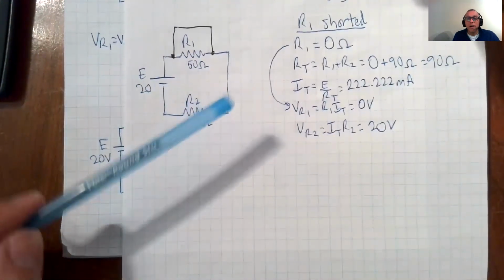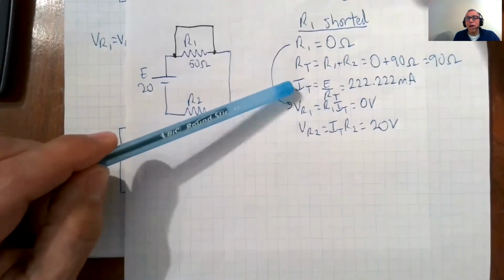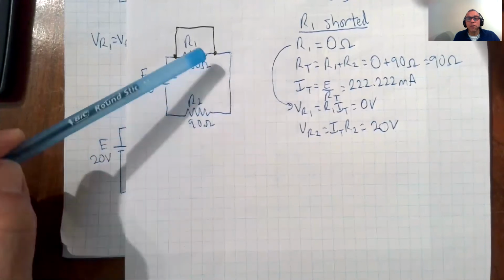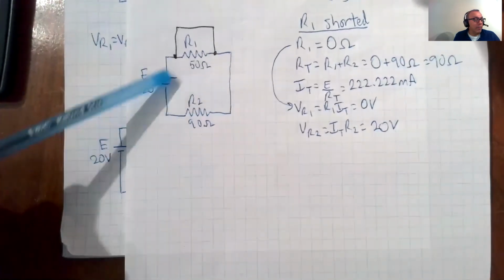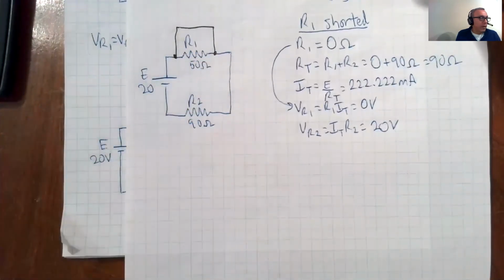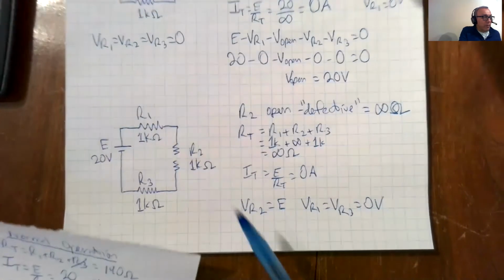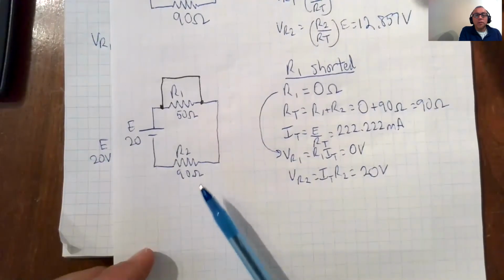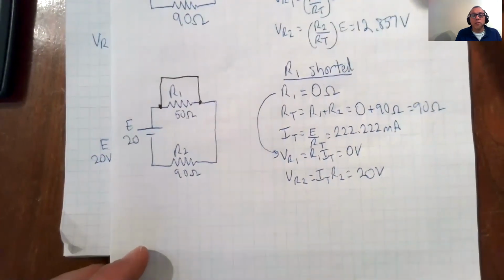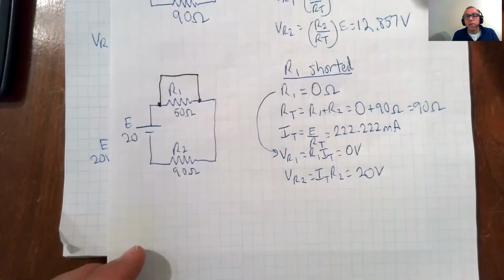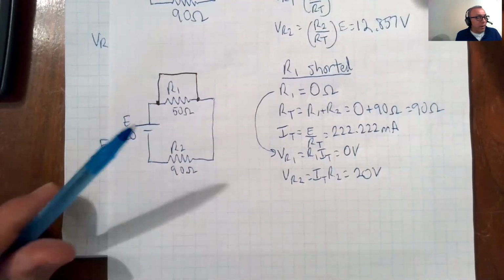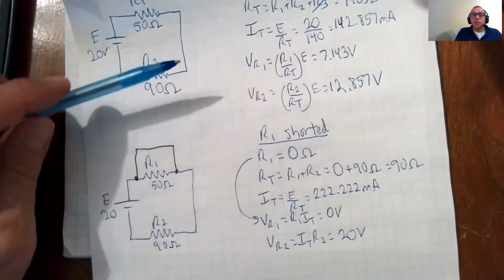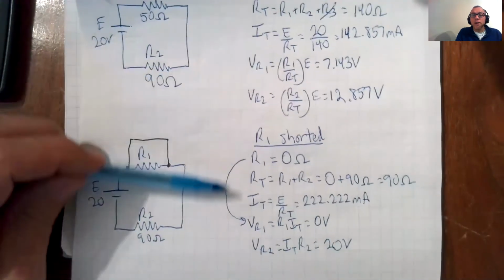And the way you can tell is this. You still have current. There's still a path for current to flow here. Okay, here, there's no current. There's no current in a broken circuit. There is current when one load in a series circuit is shorted. So in a short circuit, you were expecting a certain current, and that current went up.